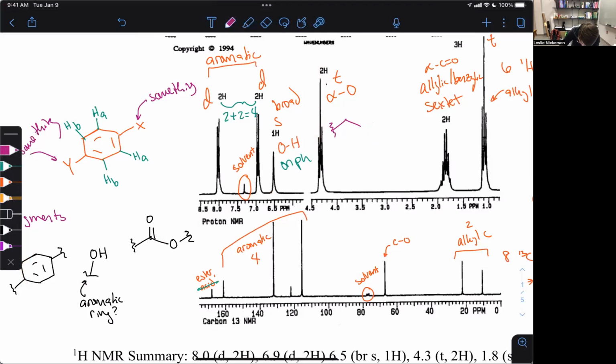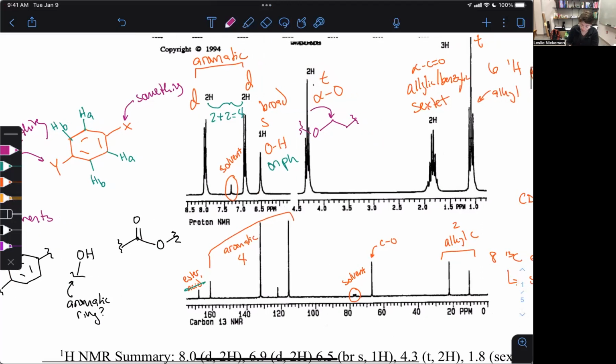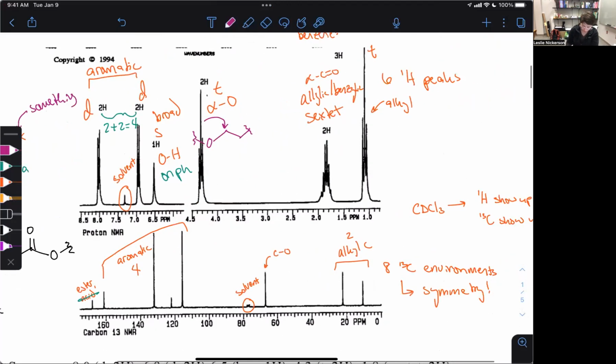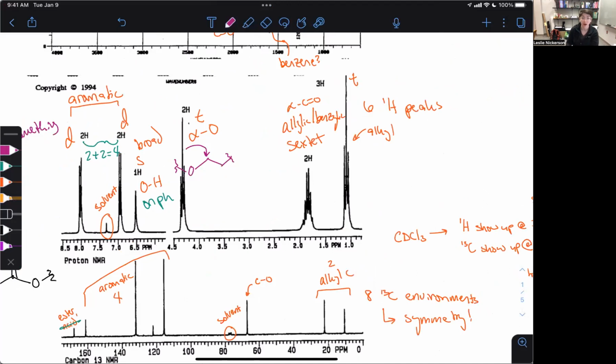So it's going to be a CH2 with a CH2 next to it. And we said that it's probably connected to oxygen, so we can put an O right here. And then we have some connection point over there.